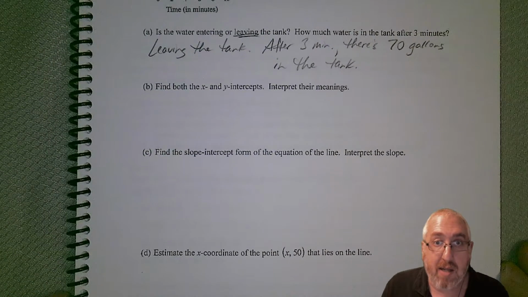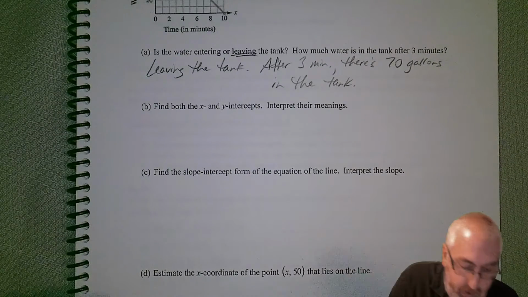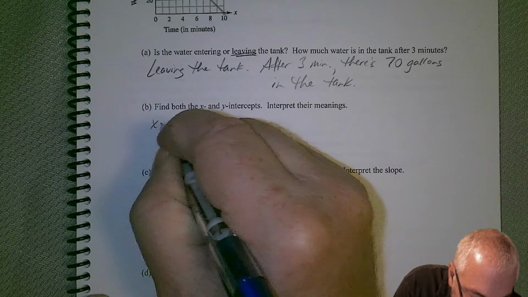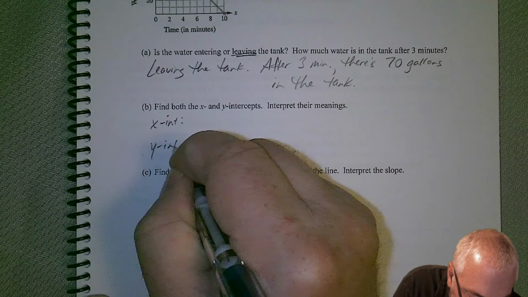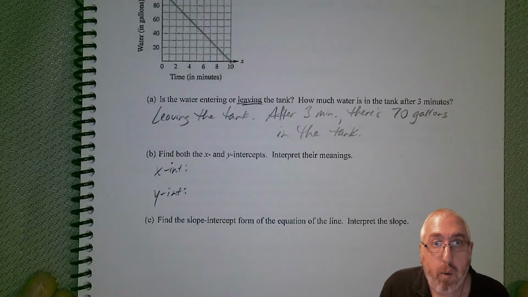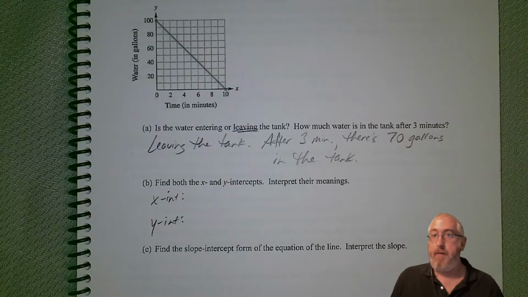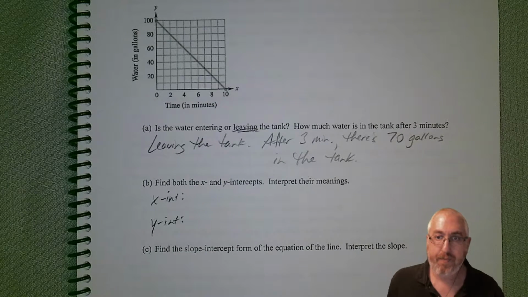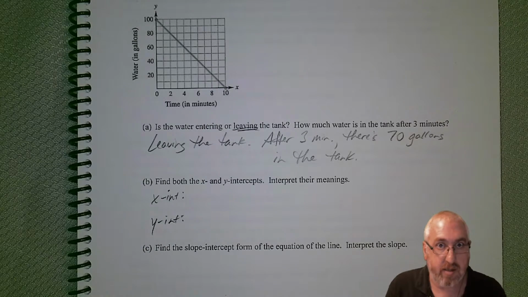Find both the X and Y-intercepts, interpret their meanings. All right, well, so the X-intercept and the Y-intercept. What would you say for the X-intercept for this line? Remember, intercepts are where it crosses the respective axes.